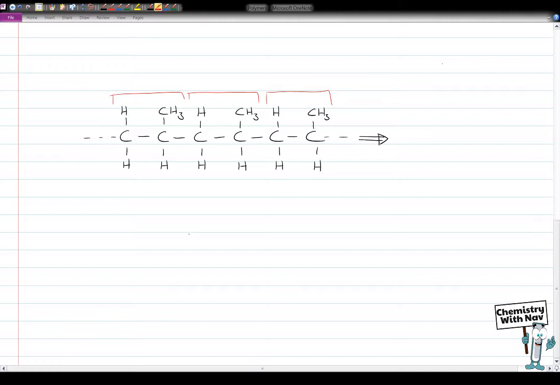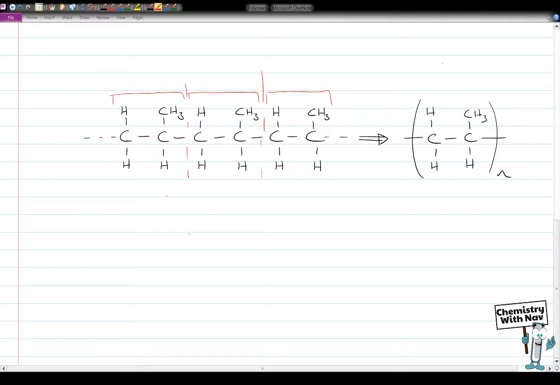Using that as the point to split up the polymer, that gives me the H, the CH3, the H and the H, and we keep those continuation bonds and we say that it goes n times, and in this particular instance n would equal 3 because there are 3 repeat units.